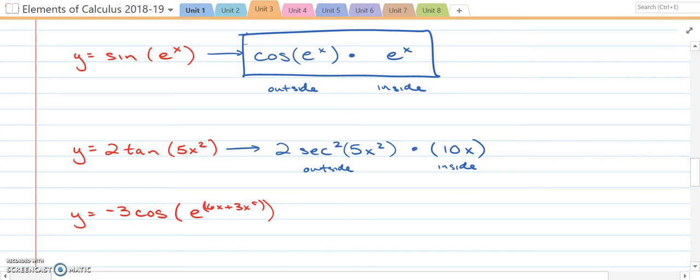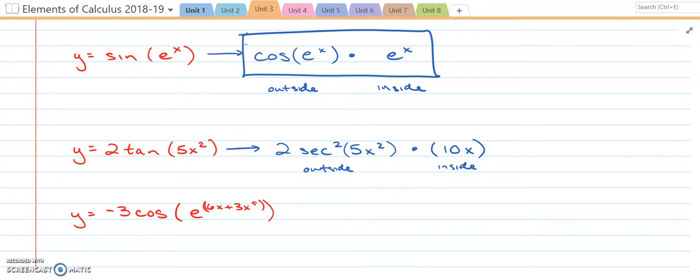I'll put it in parentheses to help you out a little bit. So again, there's a whole lot of things happening here. First of all, you have trig. You have a coefficient. You have an e to the something. You've also got a polynomial inside of that. So there are multiple levels in this problem, and we have to address them all.